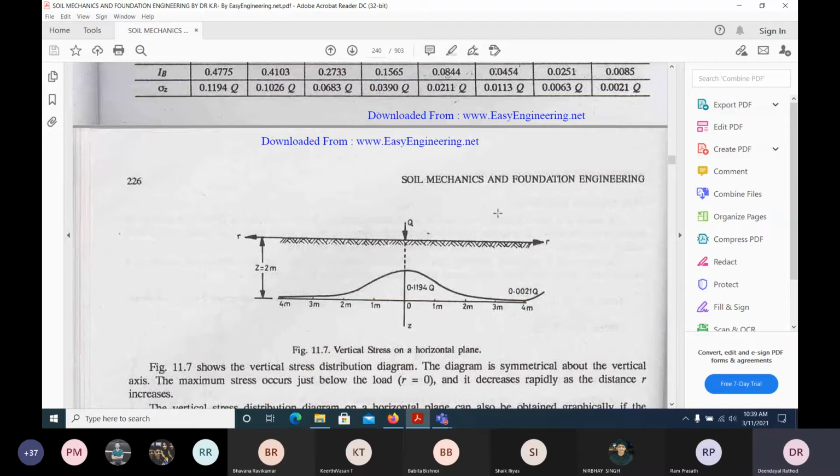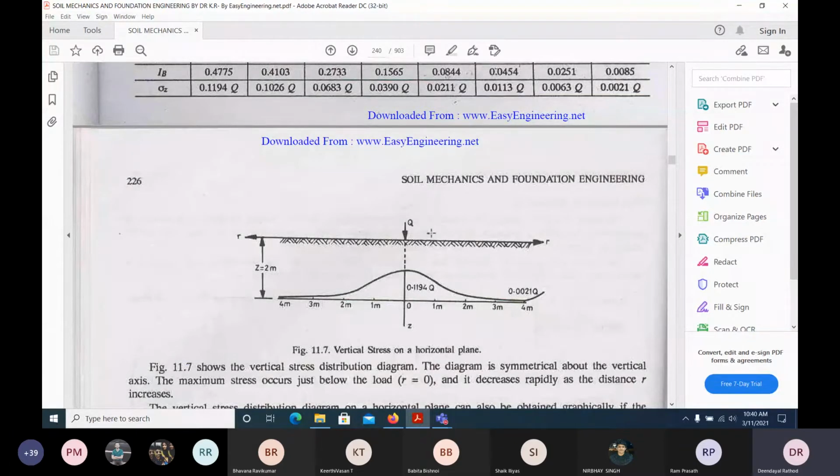Where the point load is, it will be maximum. Z I am taking constant at 2 meters, r I am varying. So in a horizontal plane, where the point load is, the stress distribution would be like this.